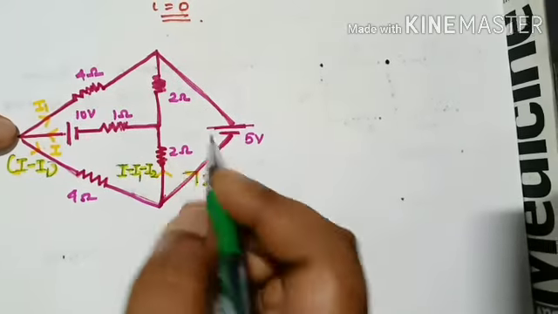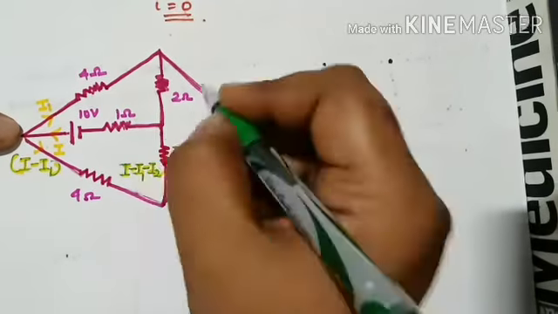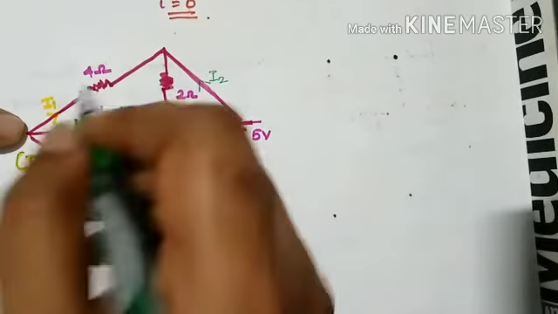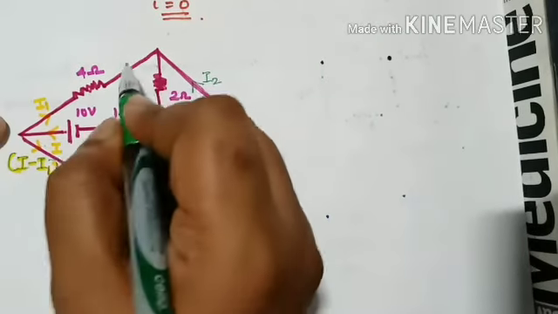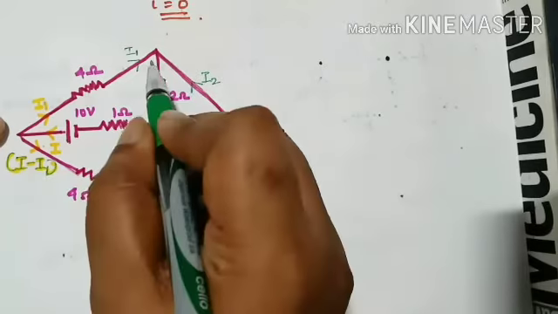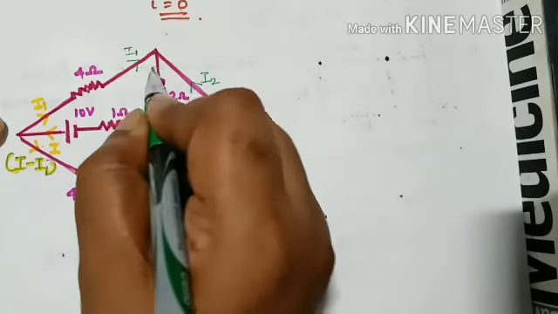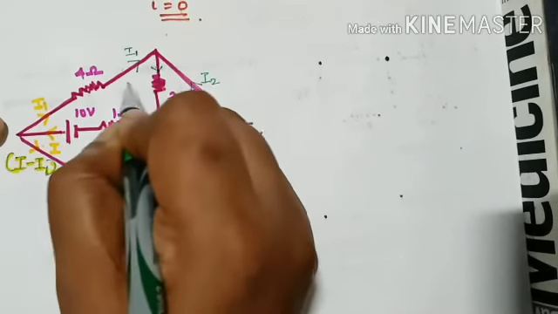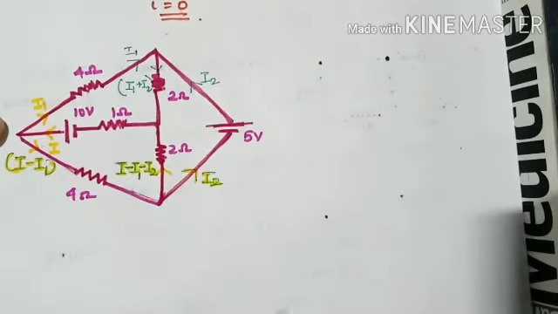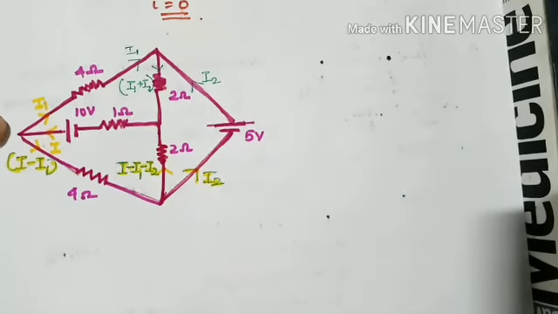This much clear? Now this I2 is the current flowing, and that means series, so I2 is the current here also. Now I2 is splitting, but see, this is I1. So I1 and I2 are meeting, so obviously this will be I1 plus I2. You see what we did?